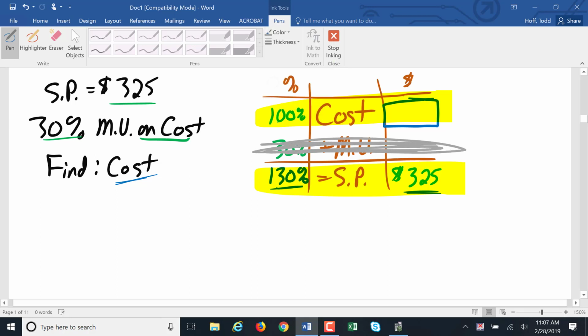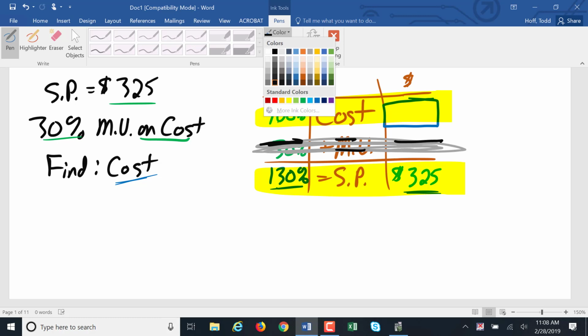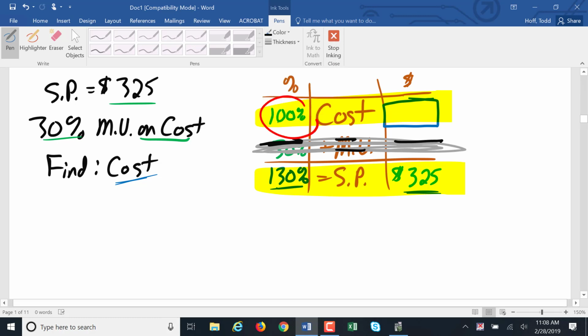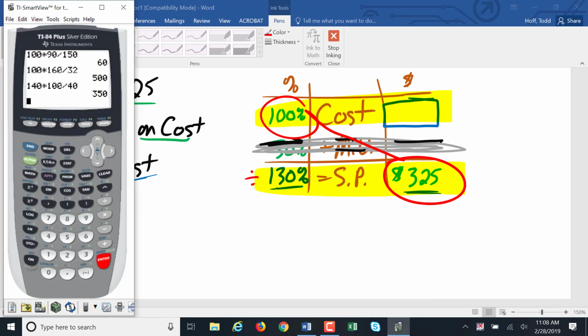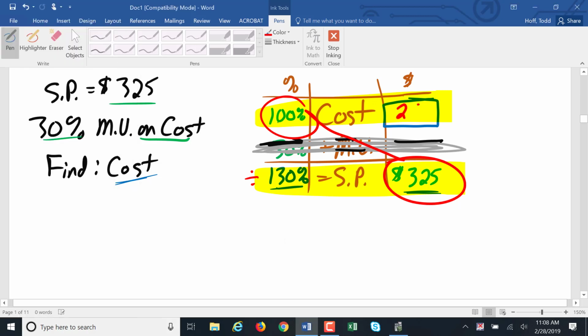So we set up our proportion: 100 over 130 equals blank over 325, and we'll cross multiply and divide again. 100 times 325 divided by 130 gives us $250. So that's a cost of $250.